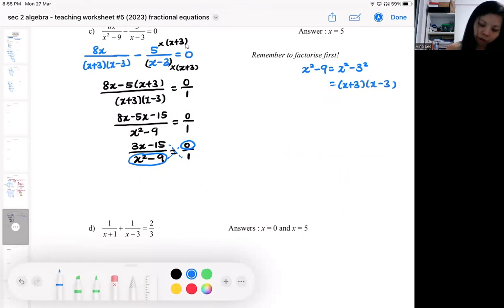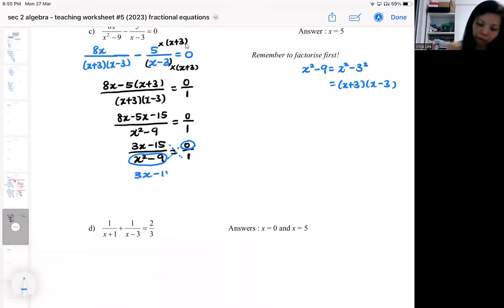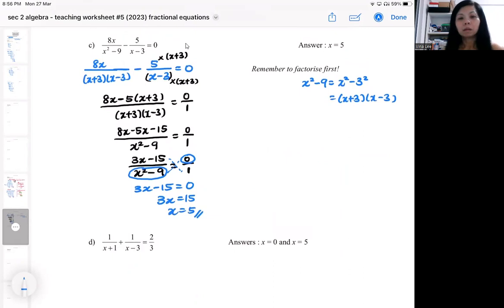So in this question, when you do the cross multiplication, it actually gave you a 0, and then it gave you a 5. Even though there's only one answer, if you would like to do the checking, you can.